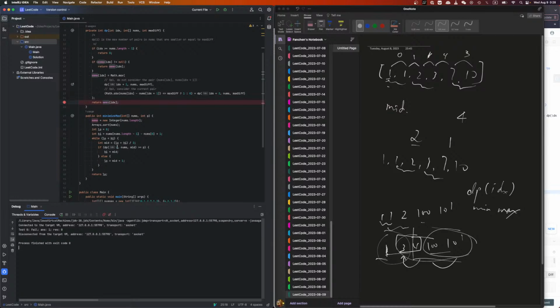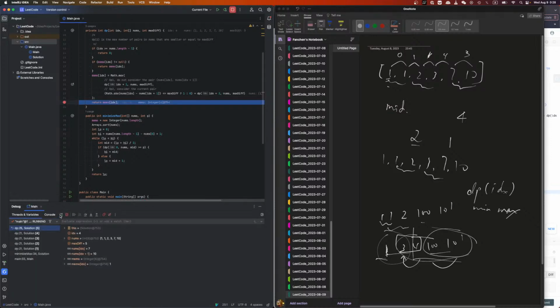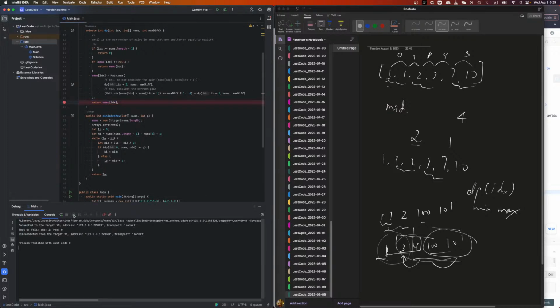High equals mid. Mid is 5. It's bonkers. Can we do this again? Right? Max diff is 5. Yeah.